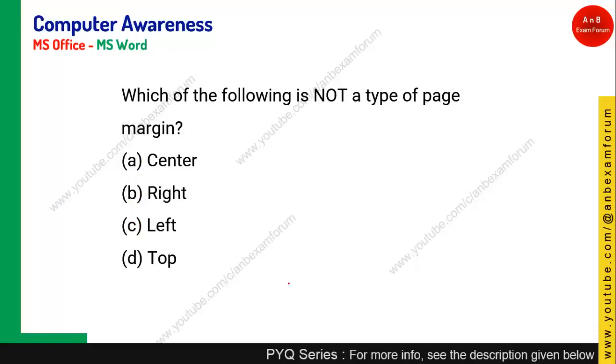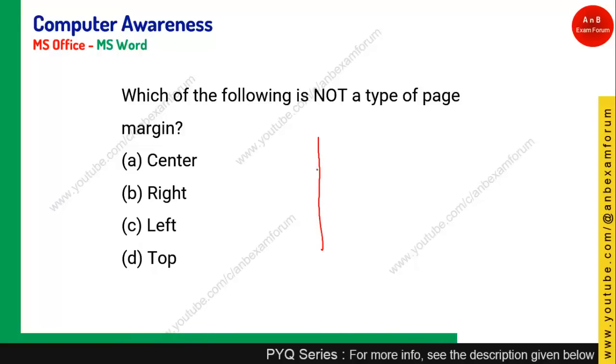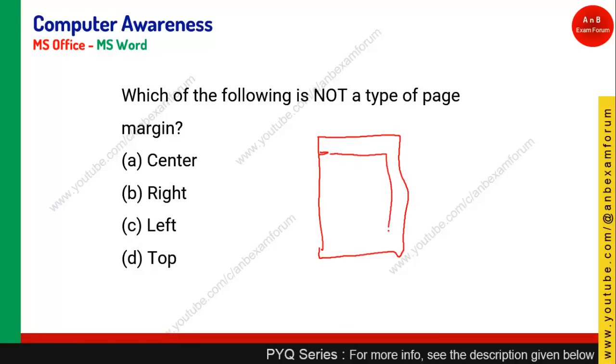Coming to the next question, which of the following is not a type of page margin? What is basically a page margin? If you have worked on MS Word, you will have a page, and this is your content where you are writing. You have seen the spaces which are left behind on the left side, right side, top side and bottom side.